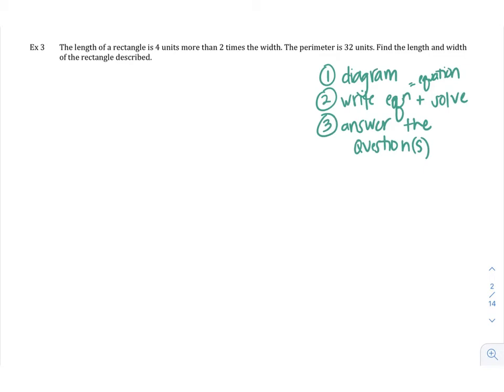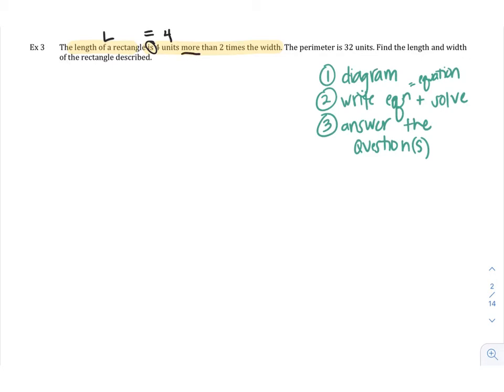So example 3, we're going to practice writing an equation again from a word problem. It says the length of a rectangle is 4 units more than 2 times the width. So let's go through and translate this. The length, I'm going to use L. "Is" translates to an equal sign. 4 units.